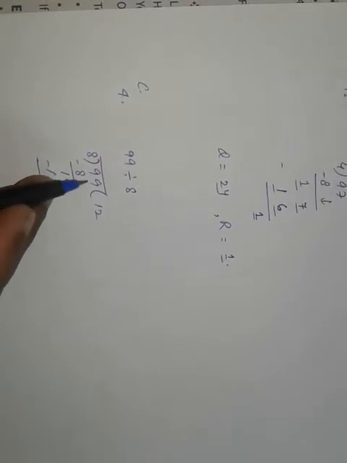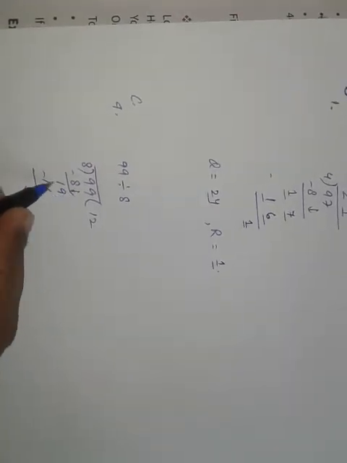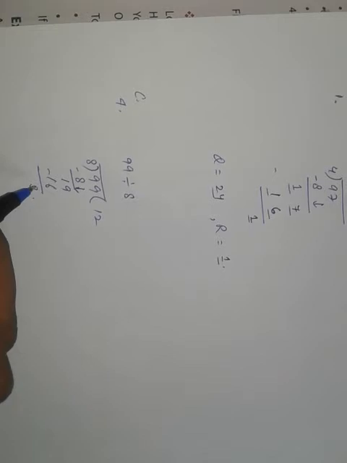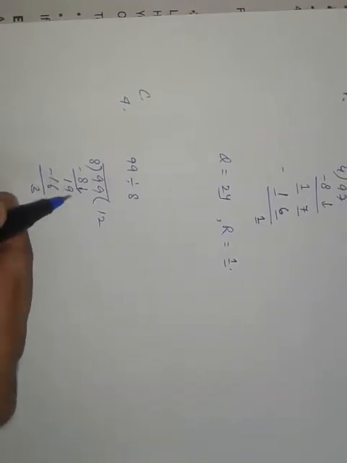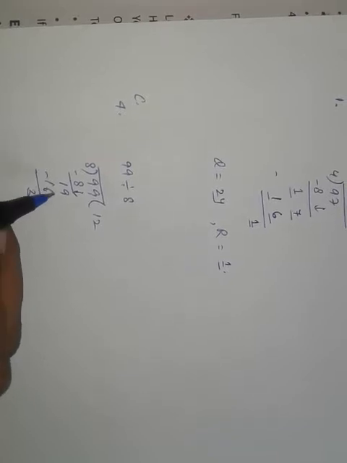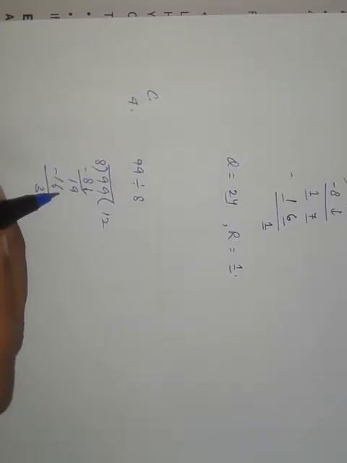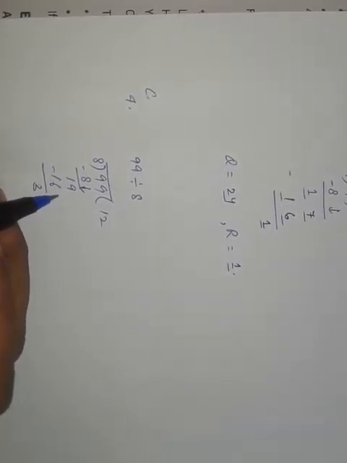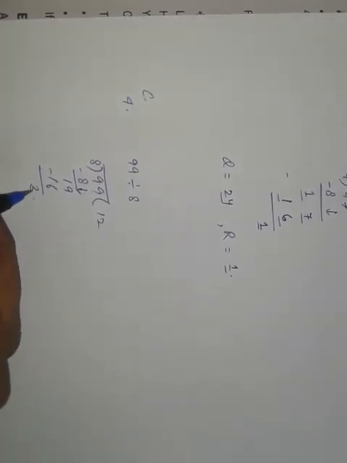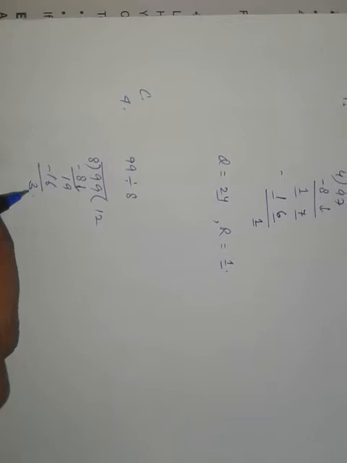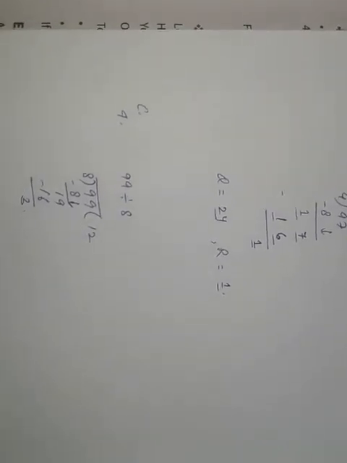Remainder is 1 and this 9 comes down. And then again we have 16, because 2 times 8 is 16; 3 times would be 24, which is larger than 19. So we have 16 here. What do we get here? Remainder 3. So like this you have to solve the questions of C.